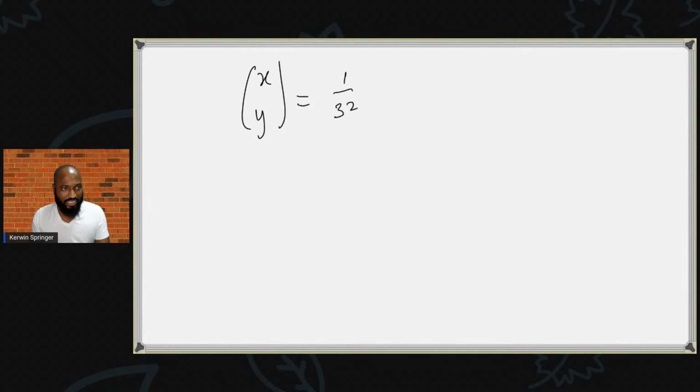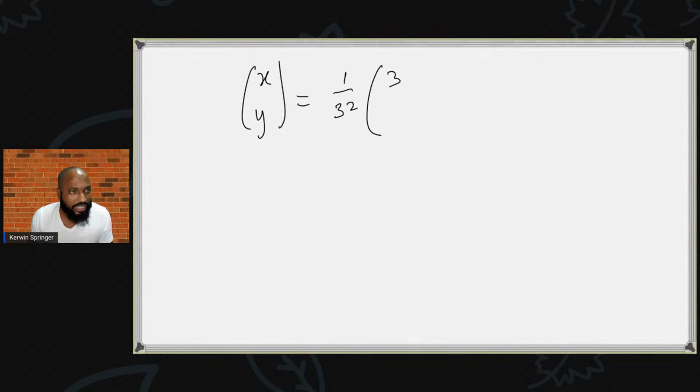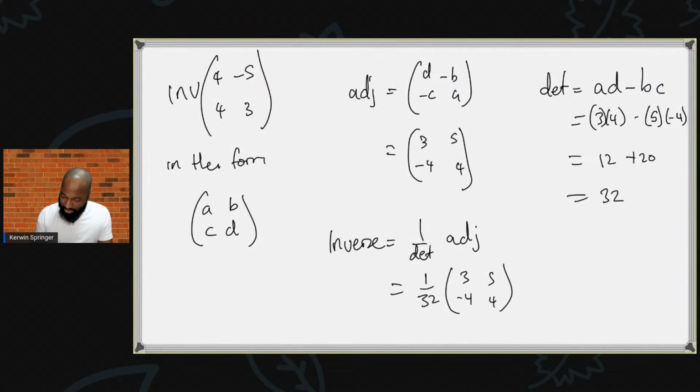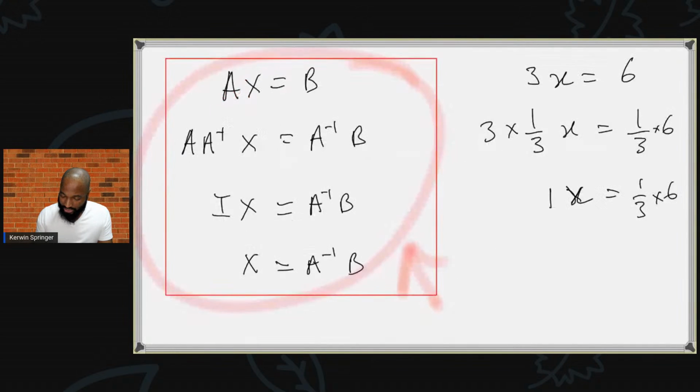Somebody got the answer. Who got that answer? Is it Monish? 3, 5, -4, multiplied by, what was the number? 17 and 9.